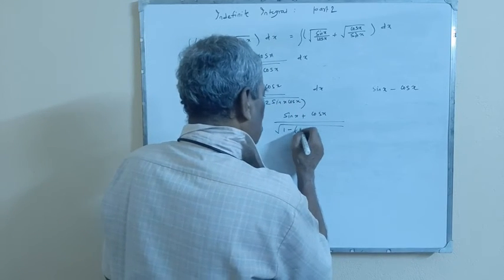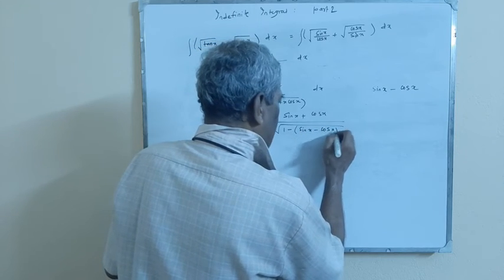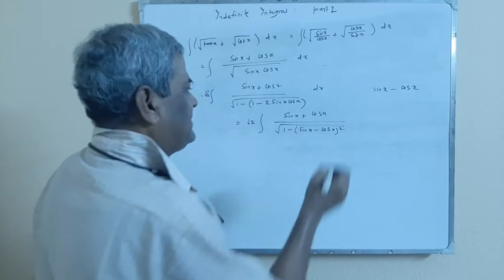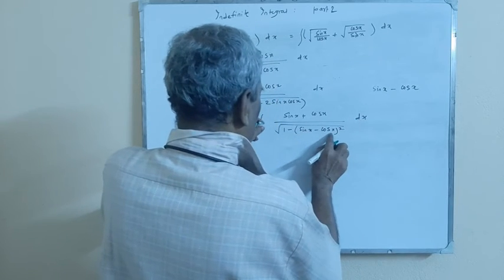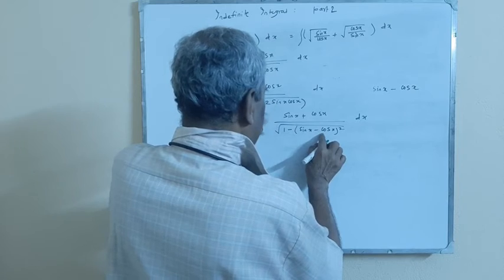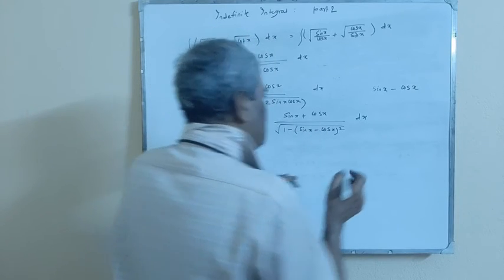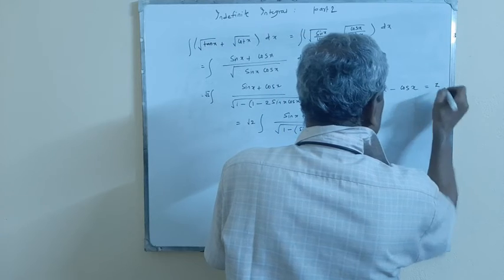So it is equal to sin x minus cos x whole square dx. Sine square plus cos square is 1, minus the product term. So we get that. Now we put sin x minus cos x equal to z.